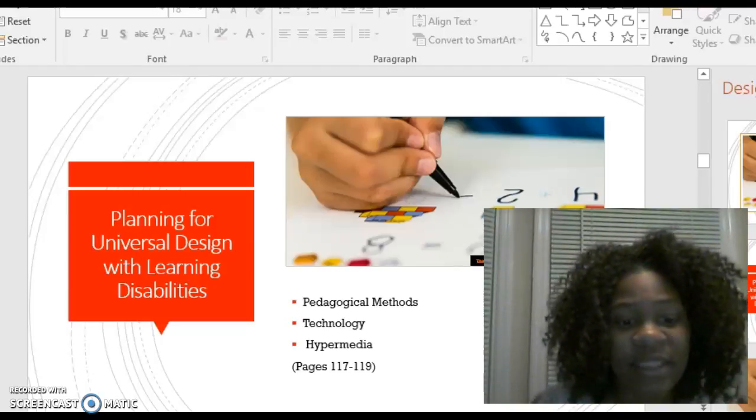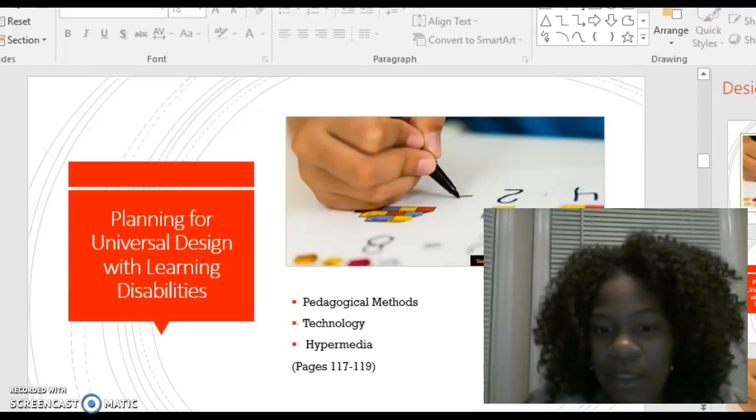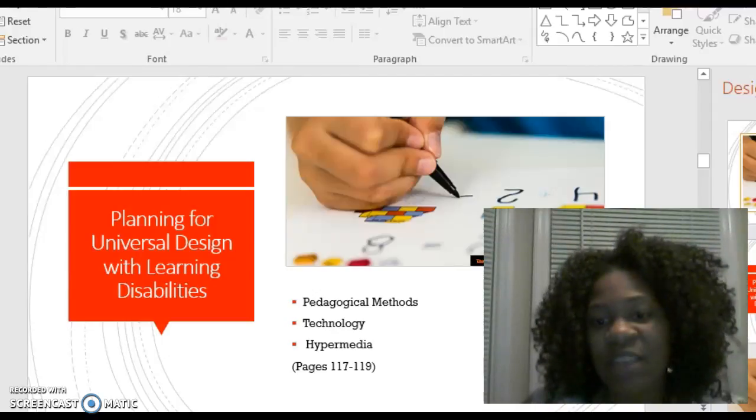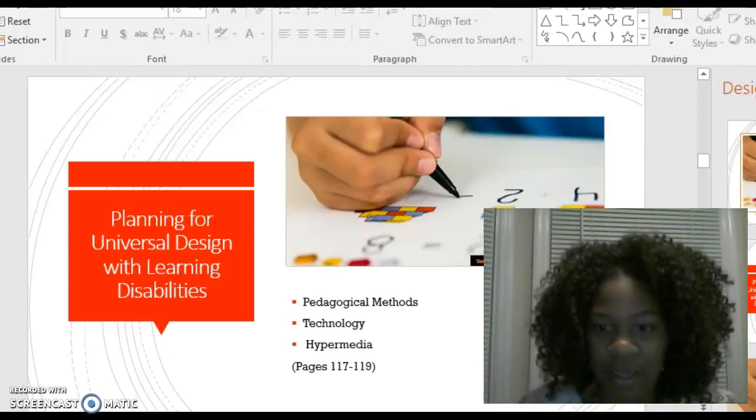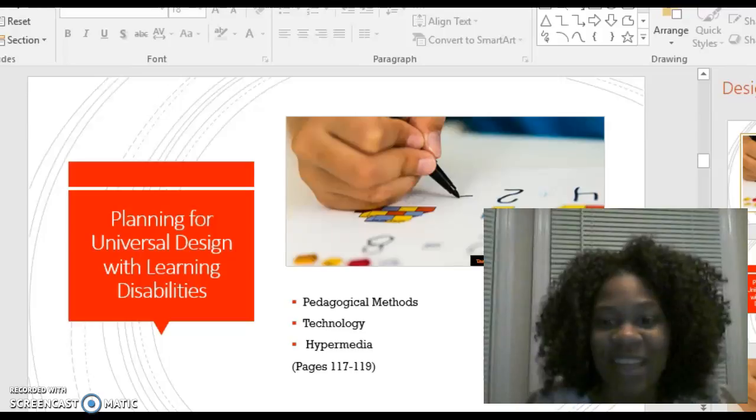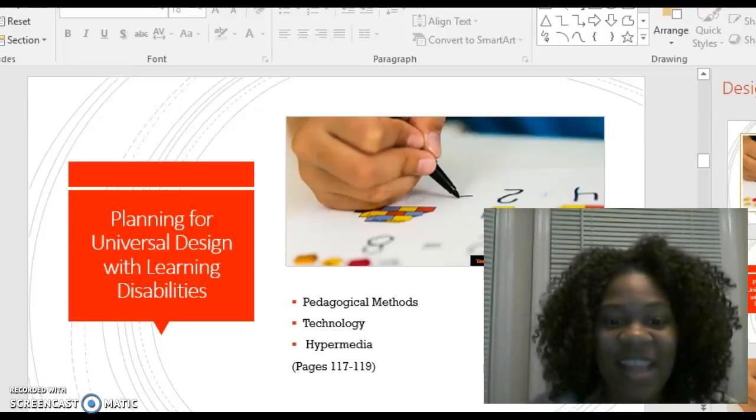The next one, technology. That's like digital or electronic text to help students' learning needs. It just gives them another outlet to really key into, to zone into information. And then the last one, hypermedia. It's really there to help promote self-advocacy.